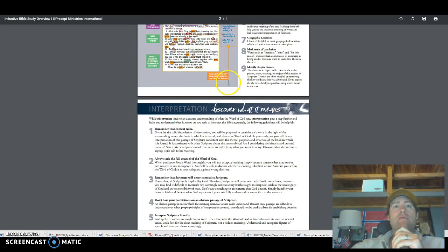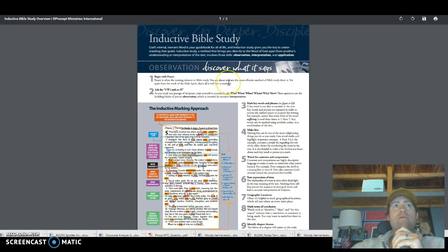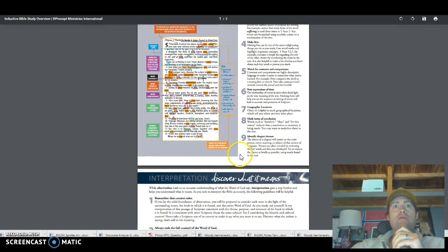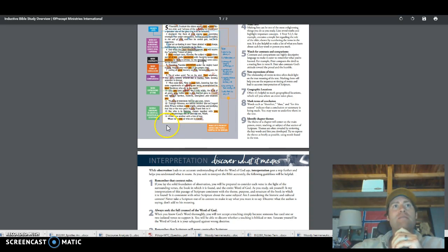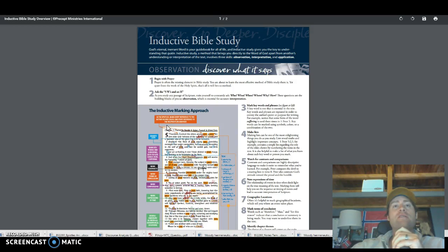It's just this 2-page kind of inductive Bible study page of some things you can do to methodically go through and mark up a passage of scripture, which is essentially what you're going to do this week.